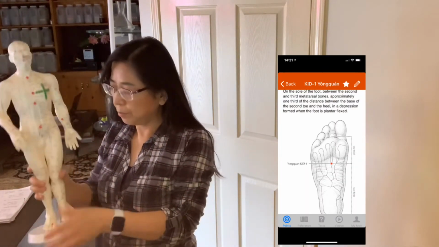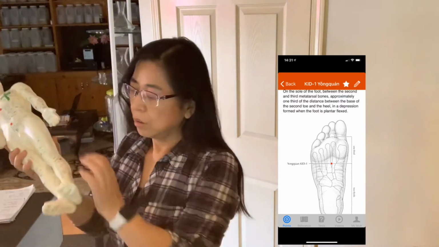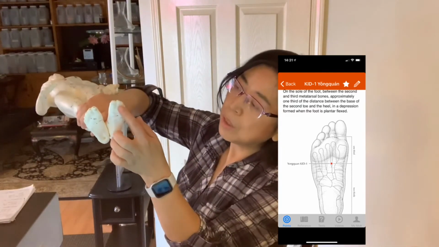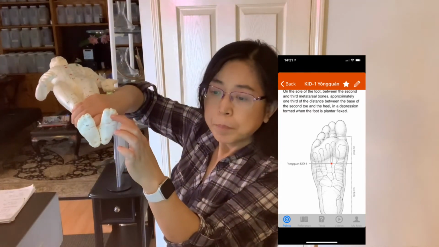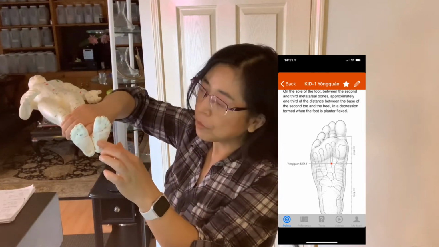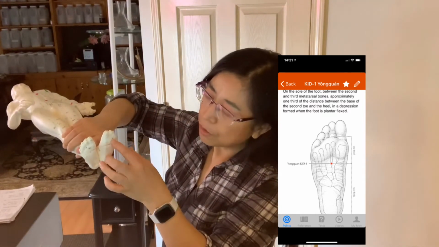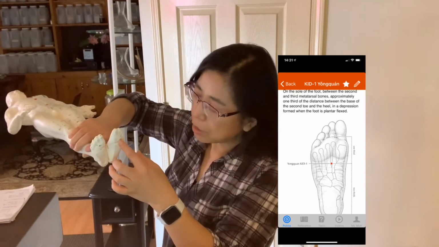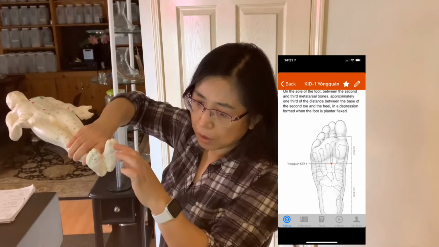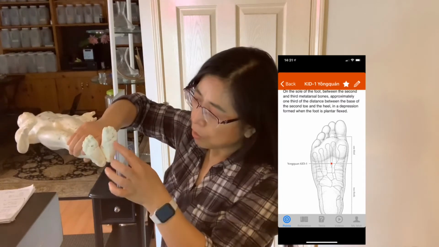It's on the sole of the foot, between the 2nd and 3rd metatarsal bones, approximately 1/3 of the distance from the base of the 2nd toe to the heel.